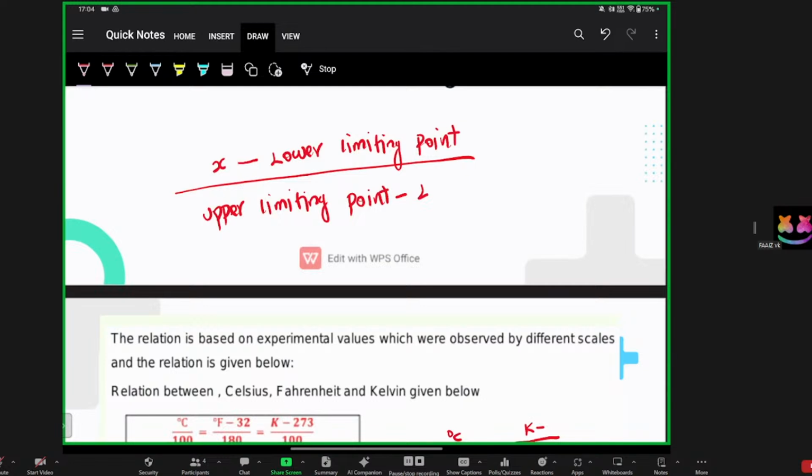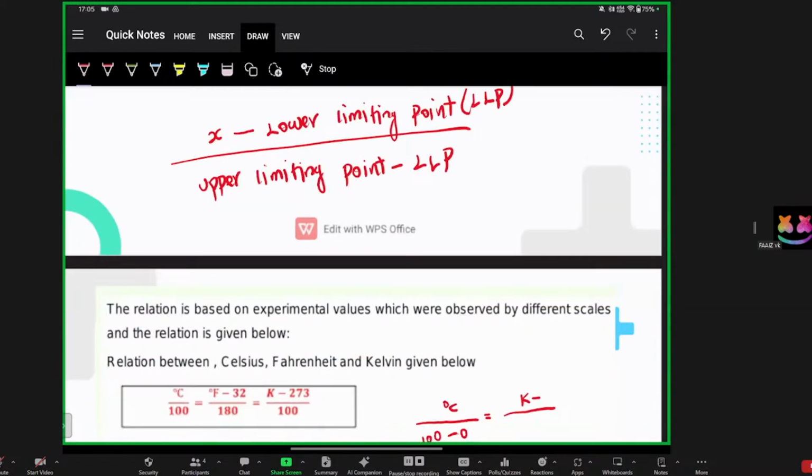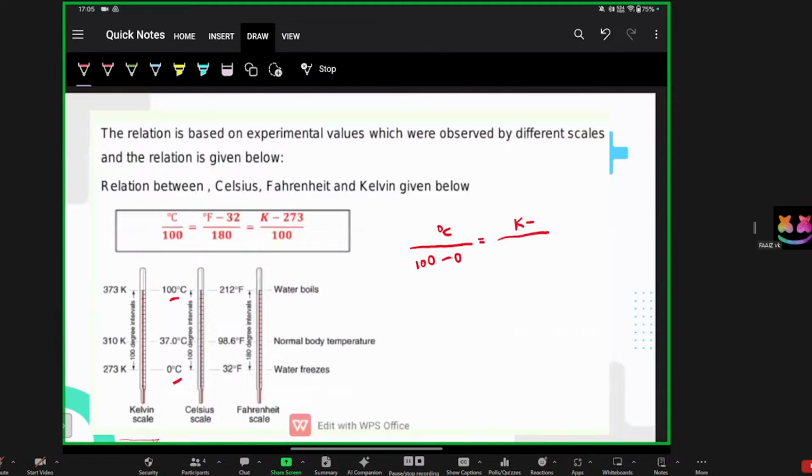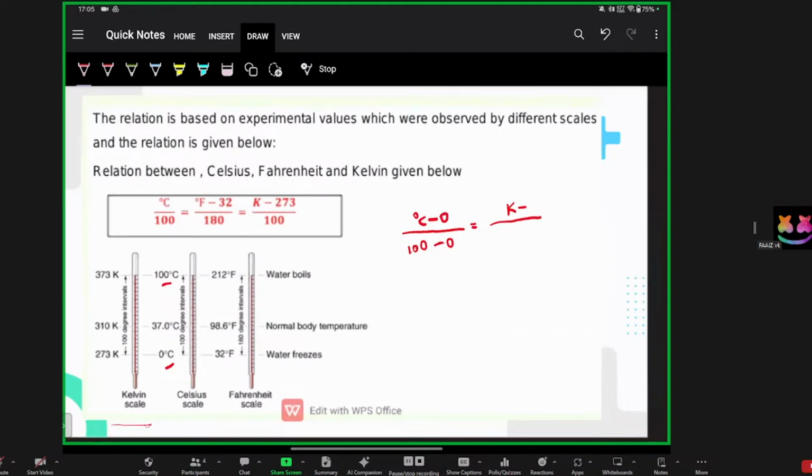I'm taking the lower limiting point as LLP. So for degree Celsius, it is degree Celsius minus 0 divided by 100 minus 0. Similarly, we can equate with the Kelvin scale.